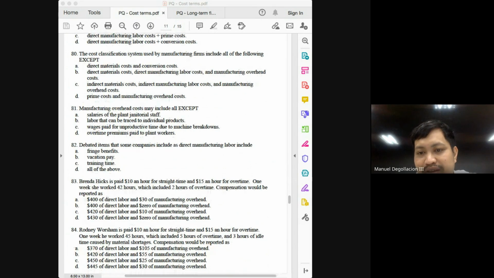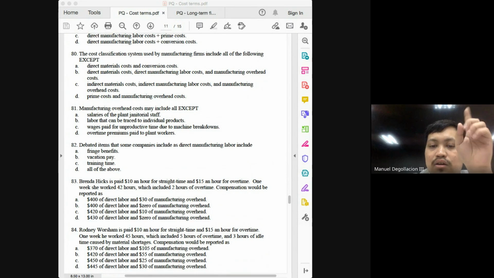81, manufacturing overhead costs may include all except. Okay, so this should be materials, labor, and overhead. But we're looking for the one that is not. Salaries of the plant janitorial staff. It's not indirect cost because it's salaries of the janitorial staff.